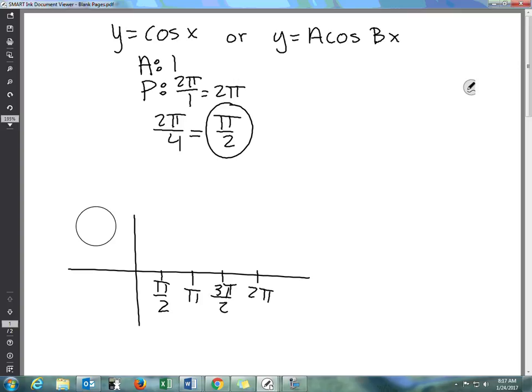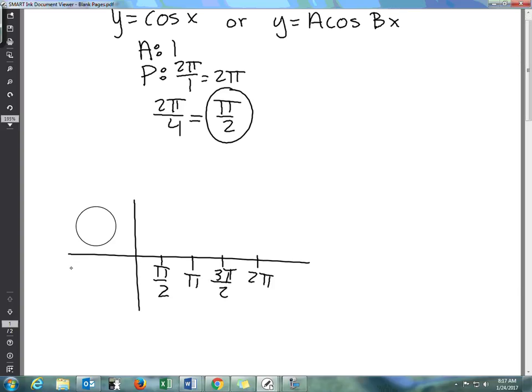Now, unlike sine, which starts at the origin, cosine starts at a different place. Cosine actually starts at your amplitude, right? Because your amplitude is 1, cosine is going to start at y equals 1. It starts along the y-axis wherever your amplitude is.